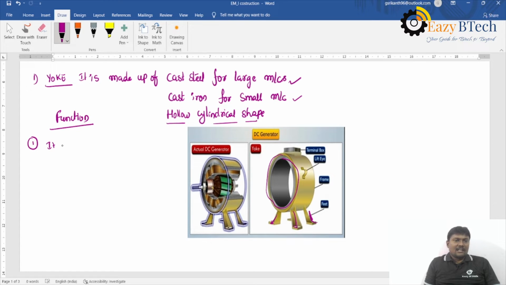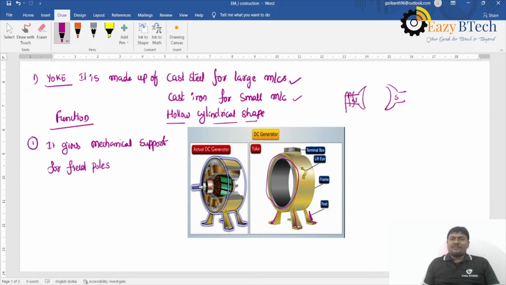What is its function? The first function is that it gives mechanical support for the field poles. In the previous session, we discussed the north pole and south pole. Here we have a field winding.